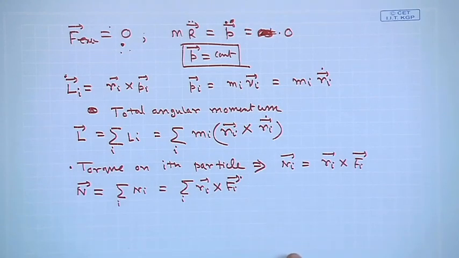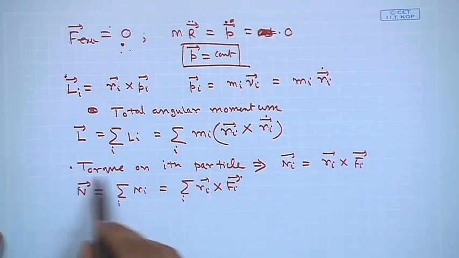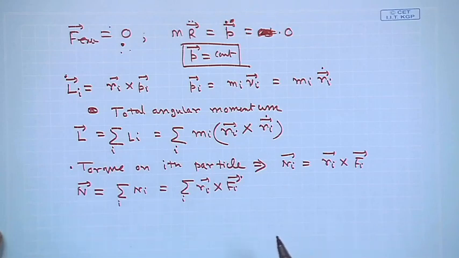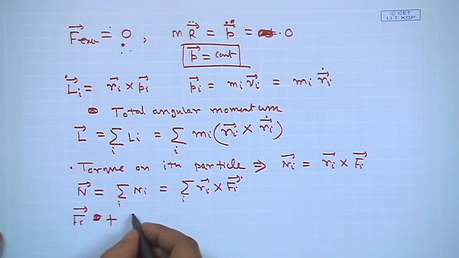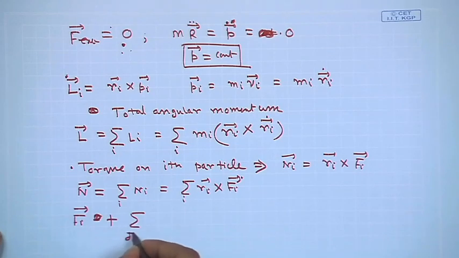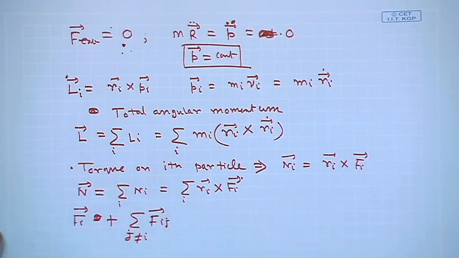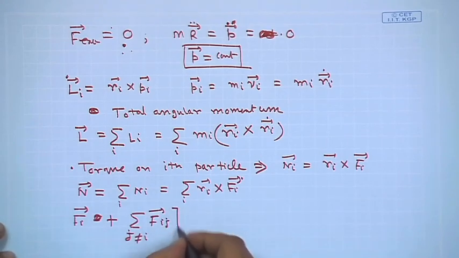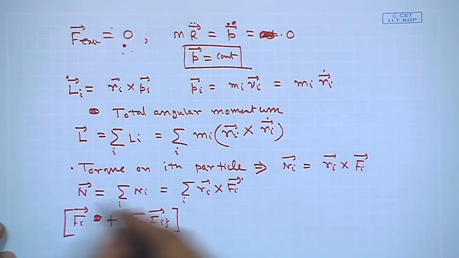Once again, if I try to write a relation including total torque and total angular momentum of a system of particles, we have to remember that the force F_i on the ith particle also has an additional component, which is the sum over j not equal to i of F_ij. So, this is the external force which is acting on the ith particle, and this is the total force.